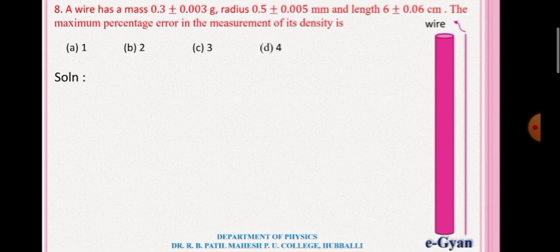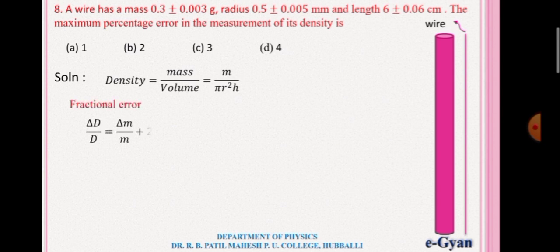And we know the expression for density, that is density is equal to mass divided by volume, that is equal to m divided by volume of the cylinder, which is pi r square into h. Now write fractional error for density of the wire. It is given by delta d by d is equal to delta m by m plus 2 into delta r by r plus delta h by h.